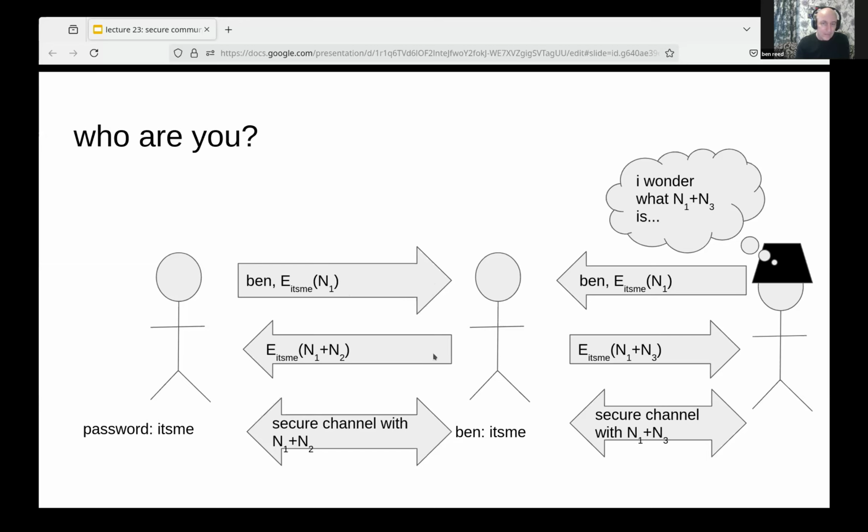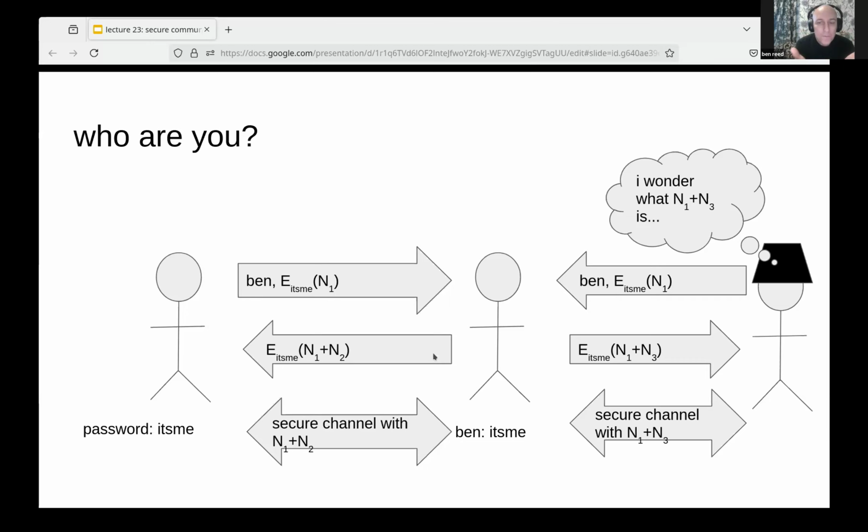Then the person in the middle decrypts this nonce, and generates their own nonce. So that's N2. So I send 37. The person in the middle gets that encrypted message, decrypts it, and then will take that 37 and maybe add 2 to it. So now it's 39. He'll encrypt it and send it back to me, to Ben. So the person on the left.